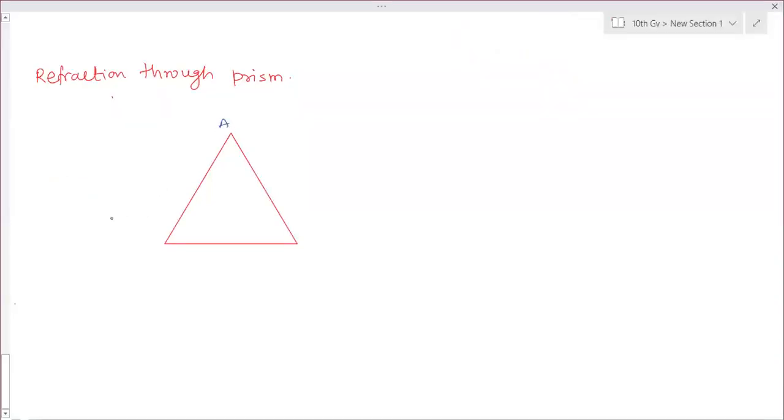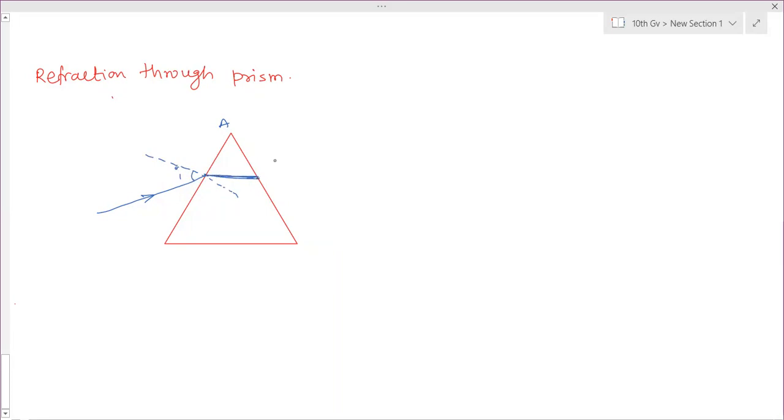Angle of prism A, the incident ray should fall obliquely. This is the incident ray at this point of contact. You have to draw the normal. This is angle I. Then it bends towards the normal. So it moves bending somewhat lower.